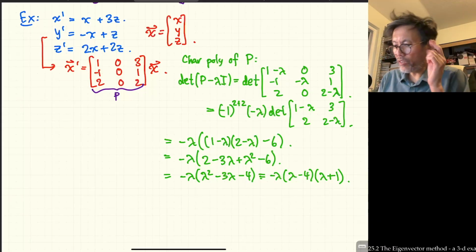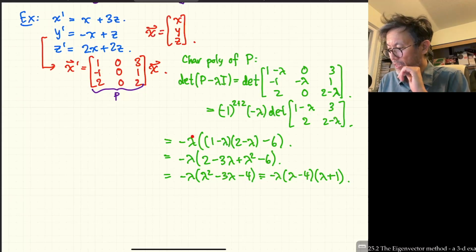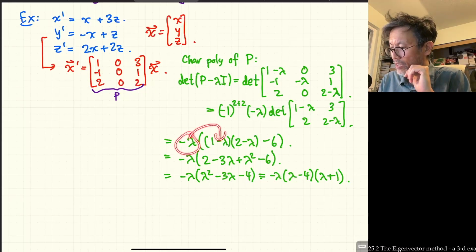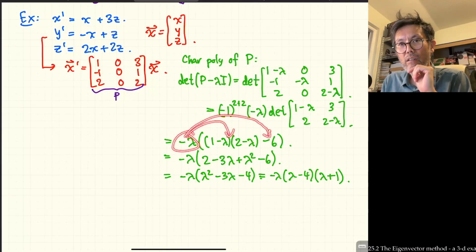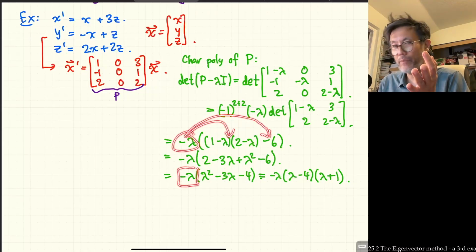Now, do you notice that I never bothered to distribute this negative lambda out here? It looks like I never distributed the negative lambda. And the reason is because I like having that negative lambda out there.